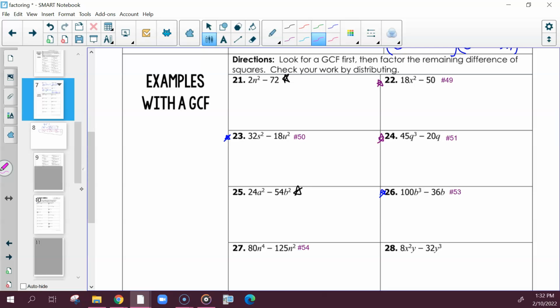For number 21, are either of these perfect square numbers? No. So if that's the case, look and see, can you divide out a GCF? Do these two have something in common? Yes, 2. So we can divide both of these by 2 and see what's left.